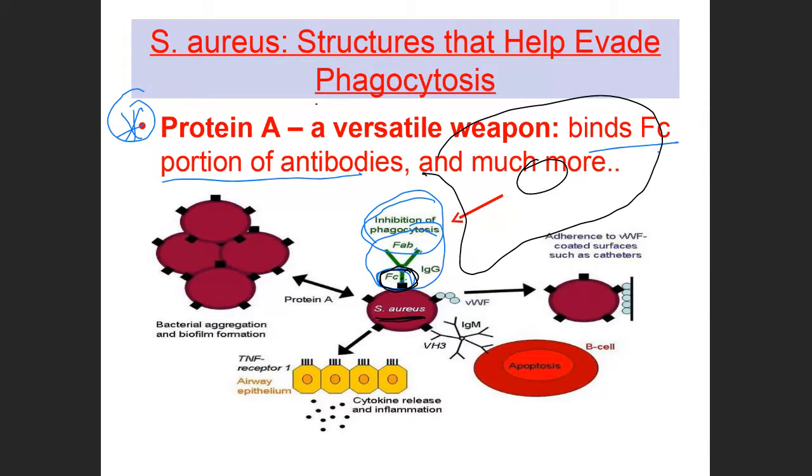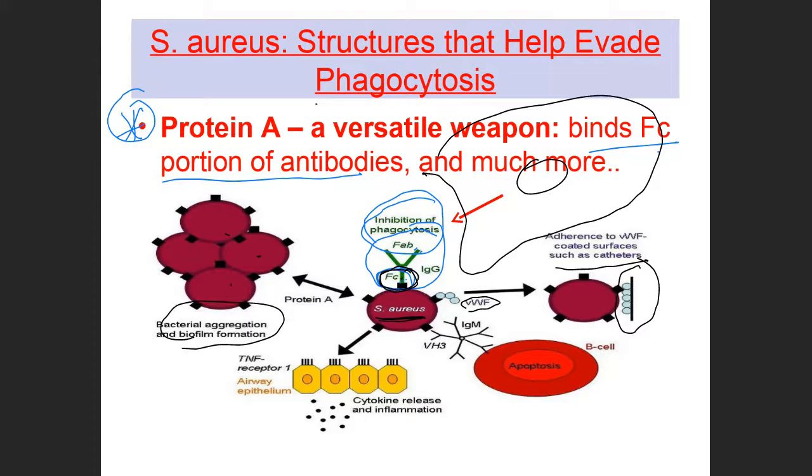Incidentally, protein A also does other things. It allows the bacteria to bind to von Willebrand factor, which is a clotting factor present in blood. And with that, it can attach to surfaces, like coating catheters, for example. Protein A allowed the bacteria to bind to each other, creating biofilms.